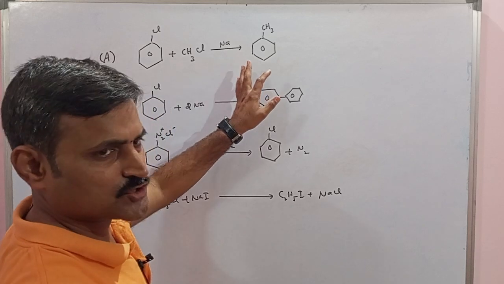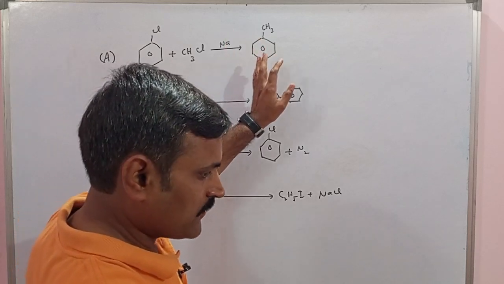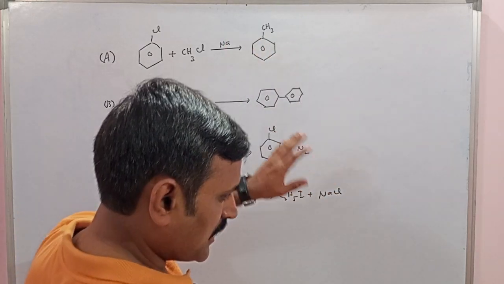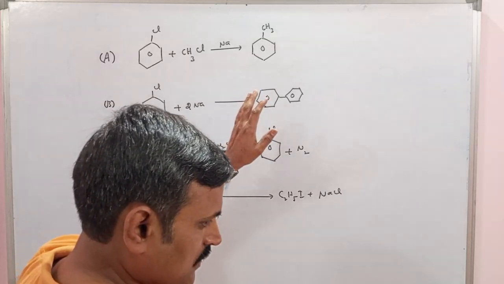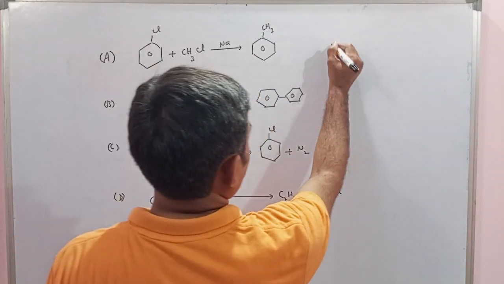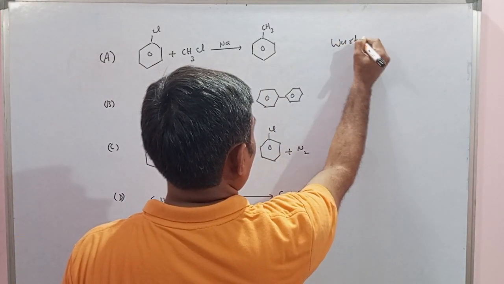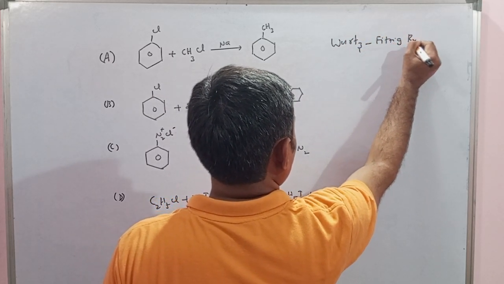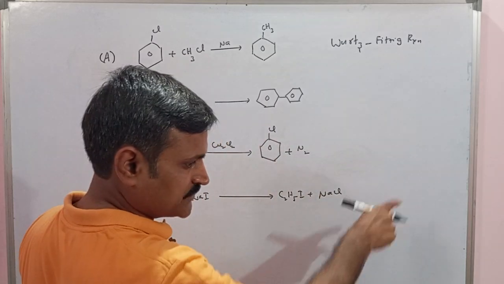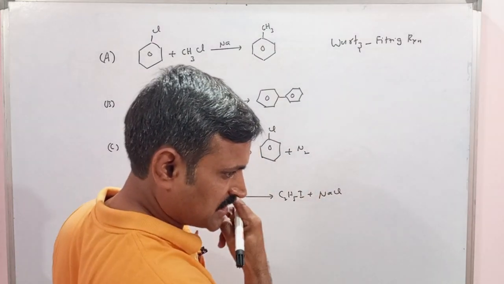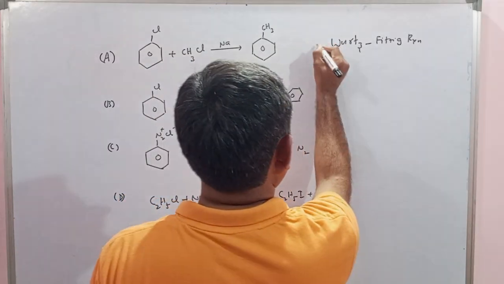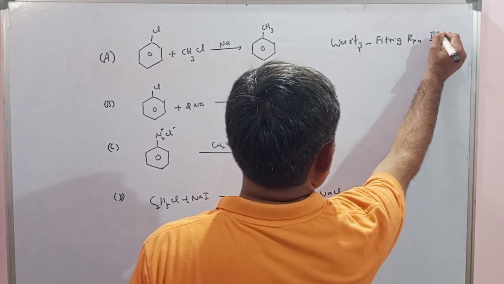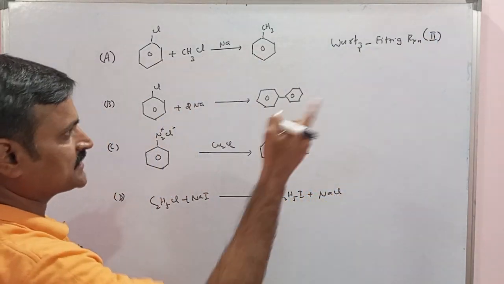That named reaction is called the Wurtz-Fittig reaction. In the question, the Wurtz-Fittig reaction is given as the second Roman numeral in list 2.